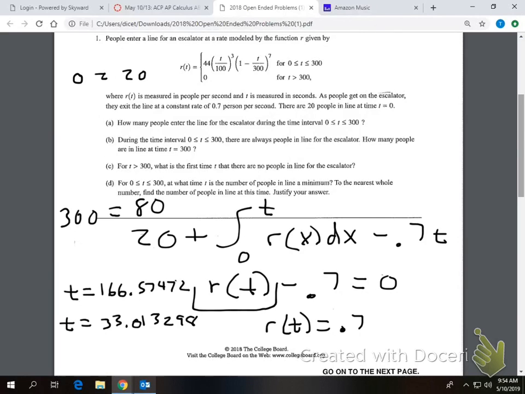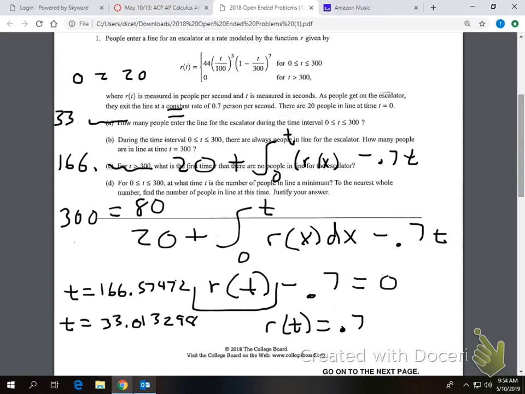We need to find time 33 point whatever and 166 point whatever, and you're going to find that by going back into the equation of 20 plus the integral from 0 to whatever your time is, r of x dx, minus the 0.7t. So it's going to take you a moment. It's like part B where you're going to go back and plug in those values. Okay?